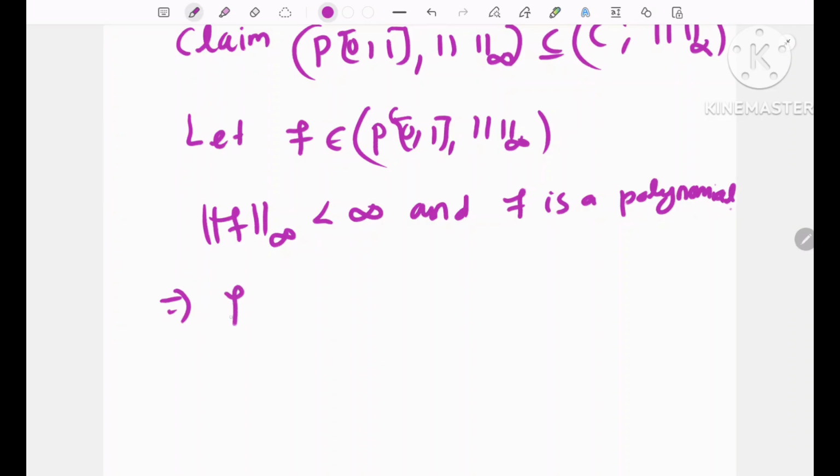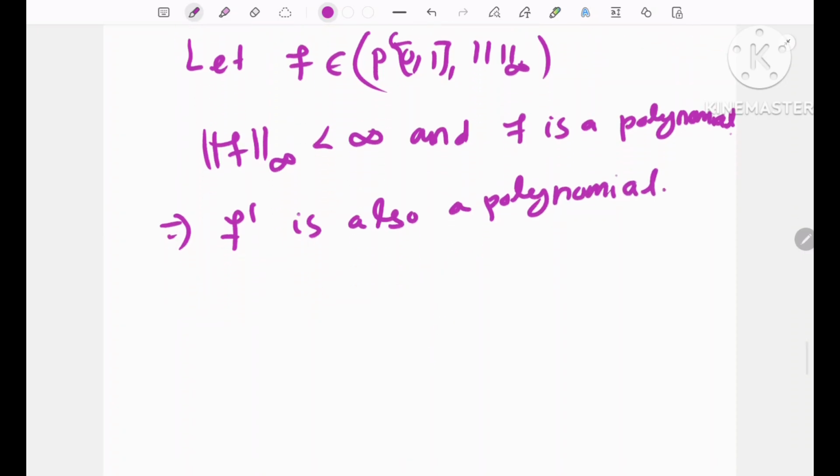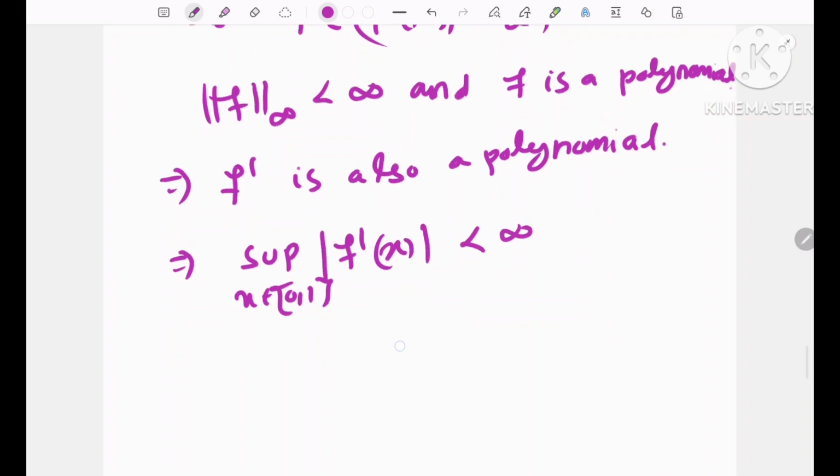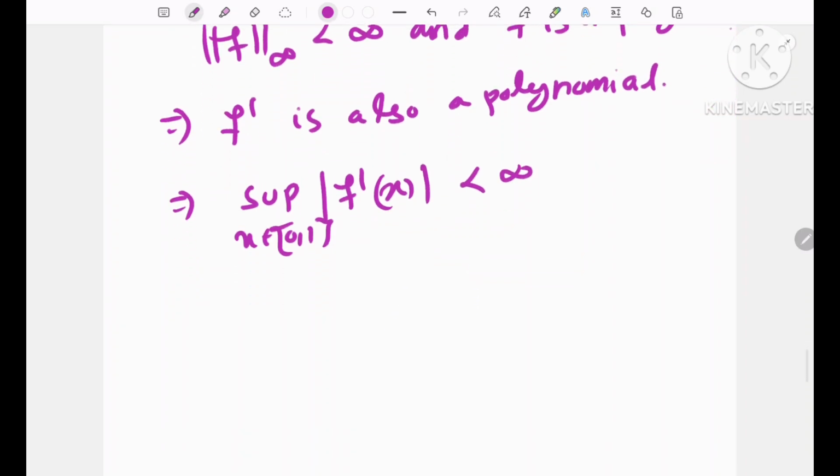It implies the derivative f dash is also a polynomial, so f dash is also a continuous function. It implies the supremum of f dash of x, x belongs to [0,1], is finite, bounded, because f dash is also a polynomial.